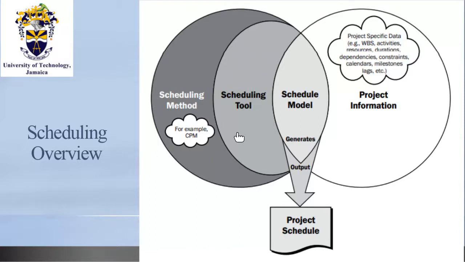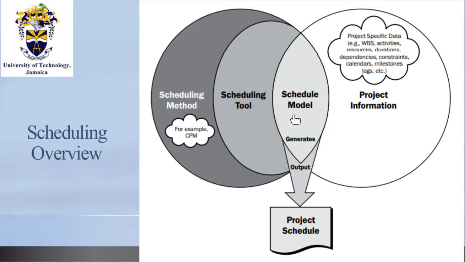When we utilize the scheduling tools, we can develop a model provided we have sufficient project information. And when we speak of project information, we're talking about data that is obtained from, let's say, the WBS, like you would have gone through the WBS last class: the various activities that will emerge from your WBS, the activities that will be contained in the work packages, the various resources that are required, the duration of each resource, bearing in mind that we will make these determinations at the WBS dictionary level or in the WBS dictionary.